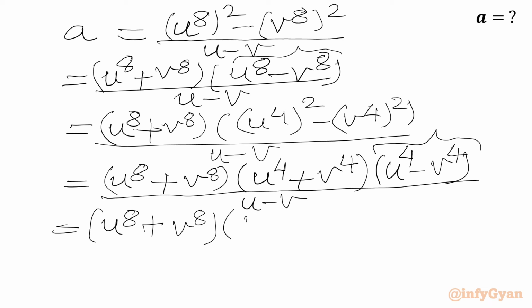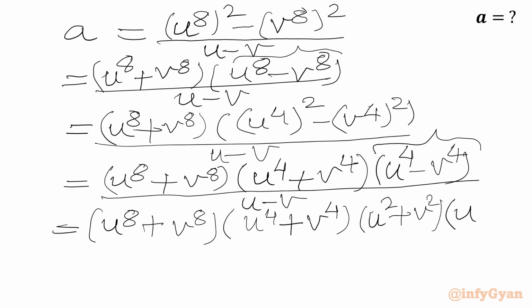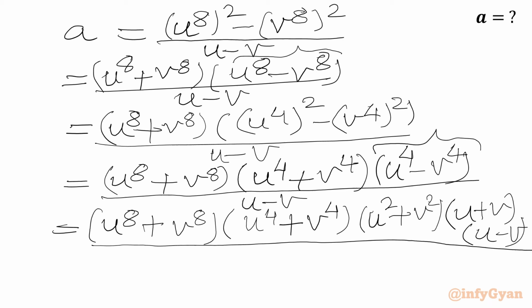times (u^4 + v^4) times (u^2 + v^2) times (u^2 - v^2), which we can write as (u + v)(u - v) overall, and the denominator is u minus v.